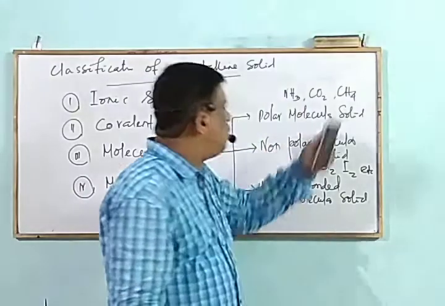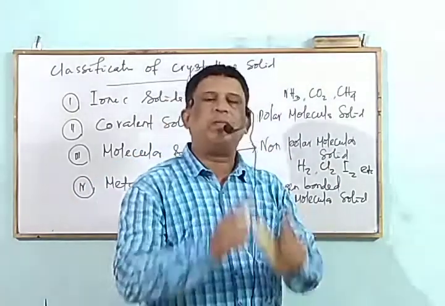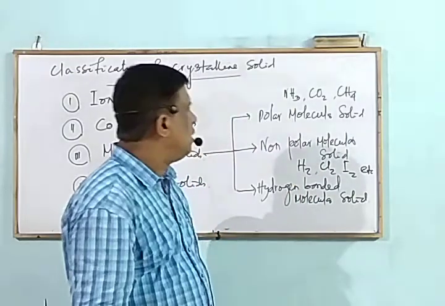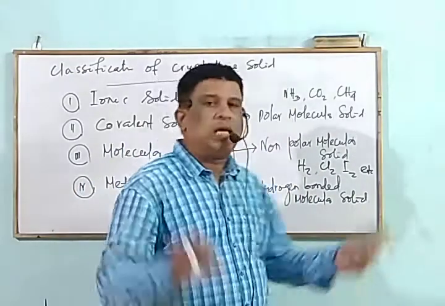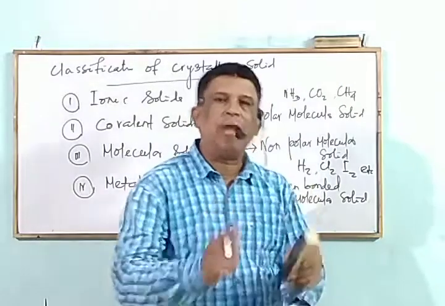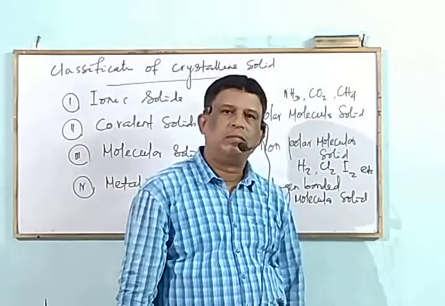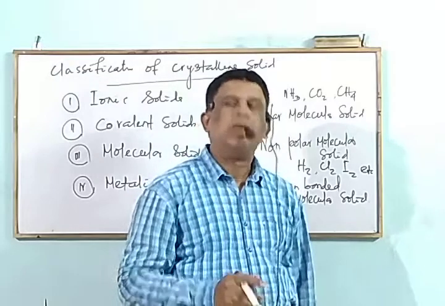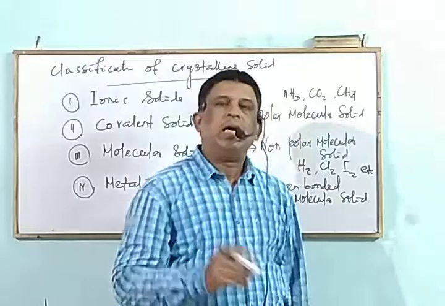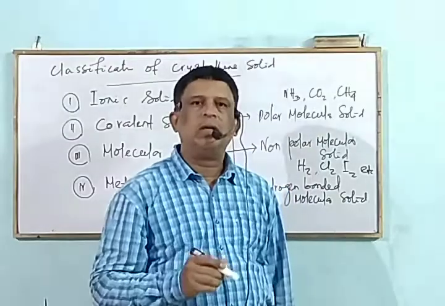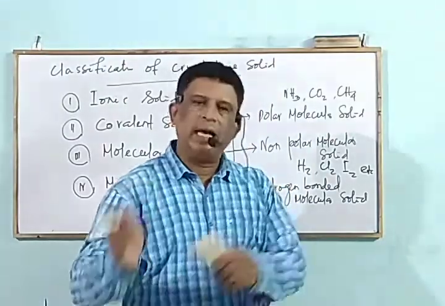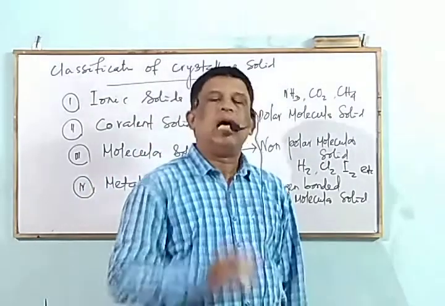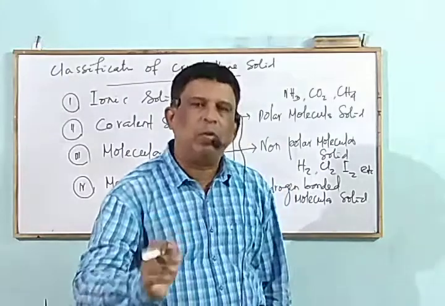In case of polar molecular solid, the constituent particles are polar molecules like NH3, CO2, CH4, which are held together by dipole-dipole interaction. They possess some characteristic properties: they are soft solids. Normally at room temperature, they are liquid or gases. They are bad conductors of heat and electricity, having low value of melting point and boiling point.